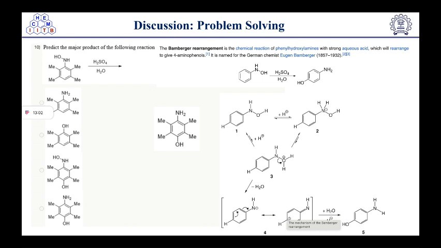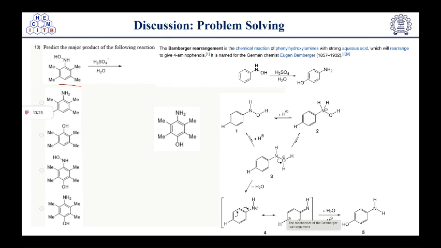So this is the reaction of phenyl hydroxylamine with a strong acid to give 4-aminophenols. So this reaction mechanism is given here. So we have here phenyl hydroxylamine, right? This is the tetramethyl substituted phenyl hydroxylamine.